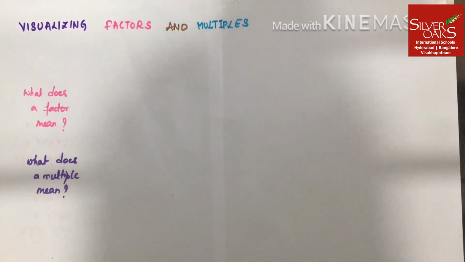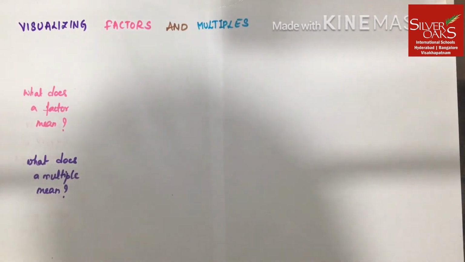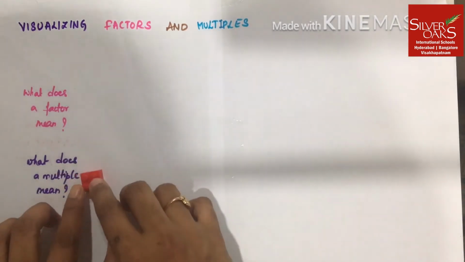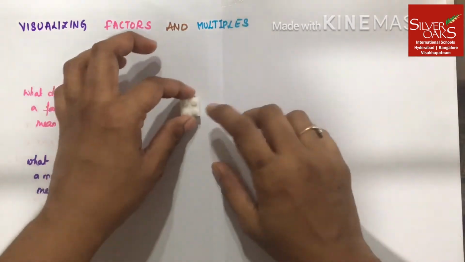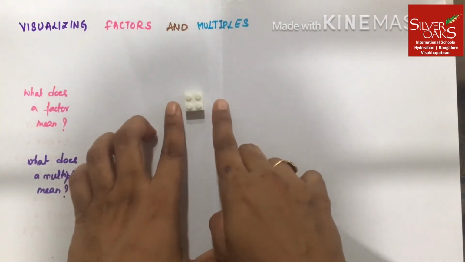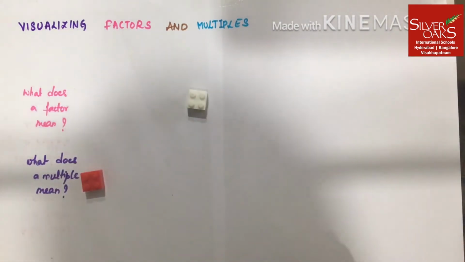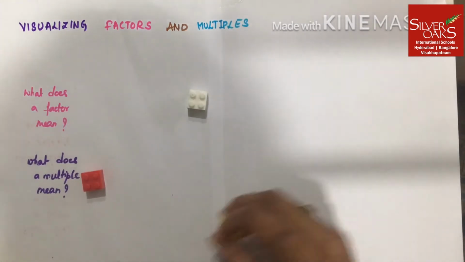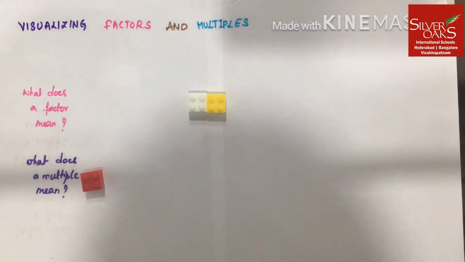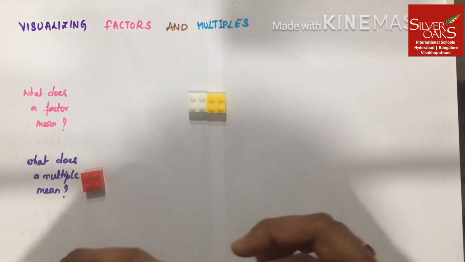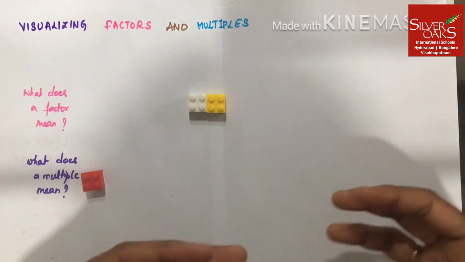So let us now try to visualize what does a multiple mean. Multiple of 4. This is my first set of 4, first multiple of 4, which is just a 4. This is my second multiple of 4. That means you're adding something in terms of 4s.